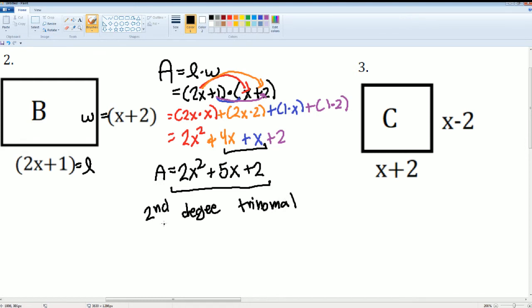I think that's how you spell it. Second degree, we call that a quadratic. There should be a D here. Quadratic trinomial. That's if you want to know it. Okay, just some side information.